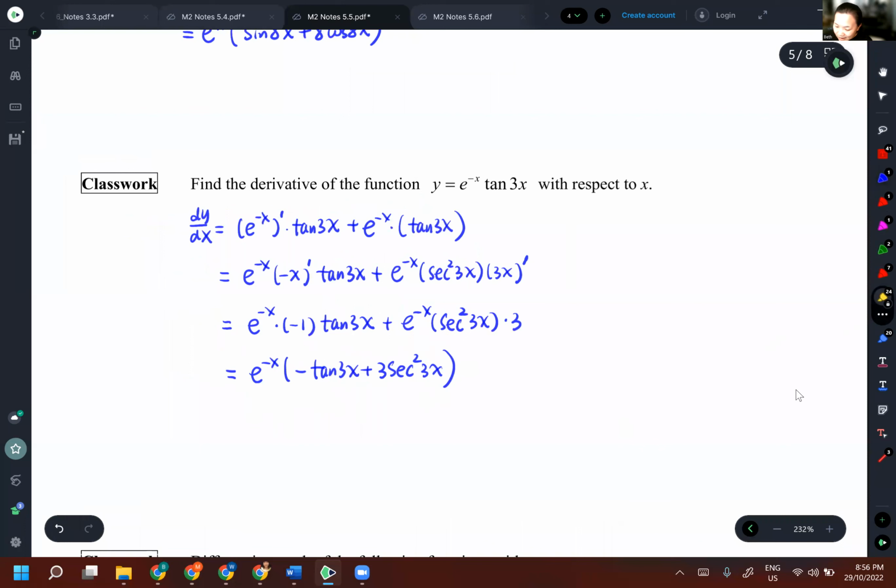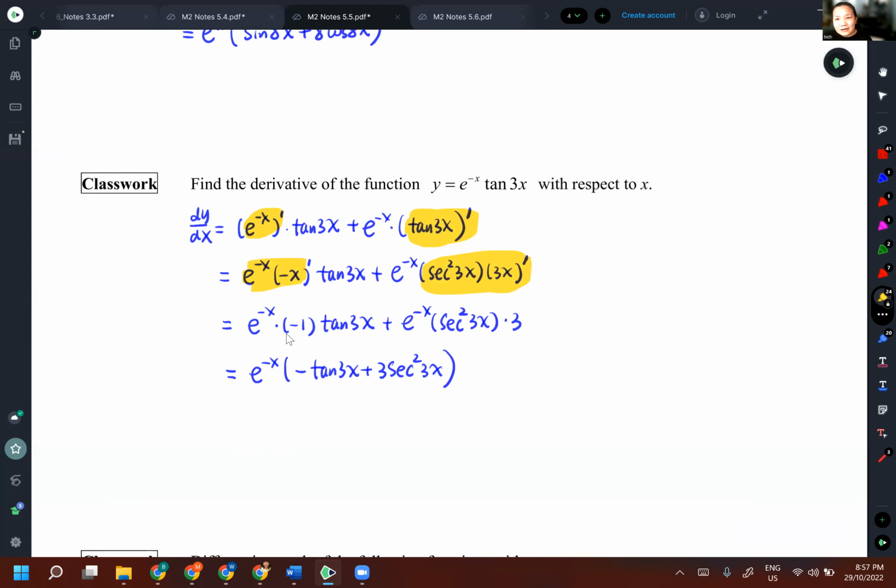Now, when I present the answer, I try to show you everything. I try to show you that I'm using the product rule now, right? Sorry, I missed out something. I'm using the product rule now, and then I'm using the chain rule now. Of course, when you are doing it, you're probably just gonna write the third line directly.